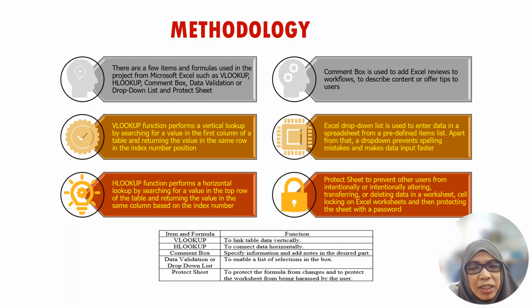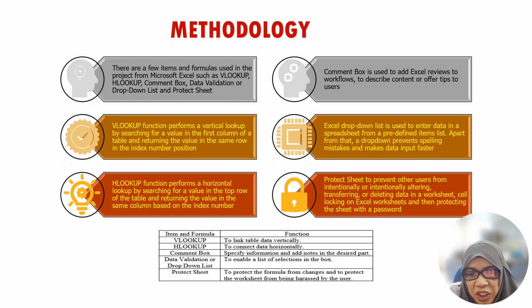The comment box is used to add Excel reviews to workflows to describe content or offer tips to users. The Excel drop-down list is used to enter data in the spreadsheet from a predefined list of items. Apart from that, a drop-down prevents spelling mistakes and makes data input faster.